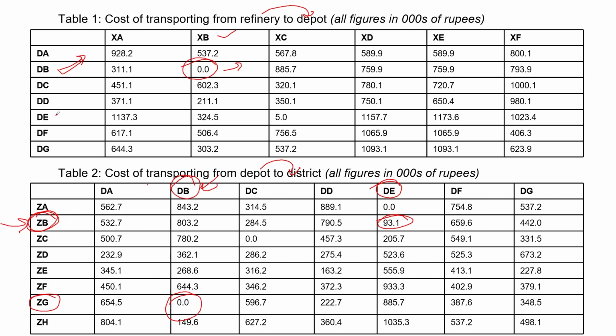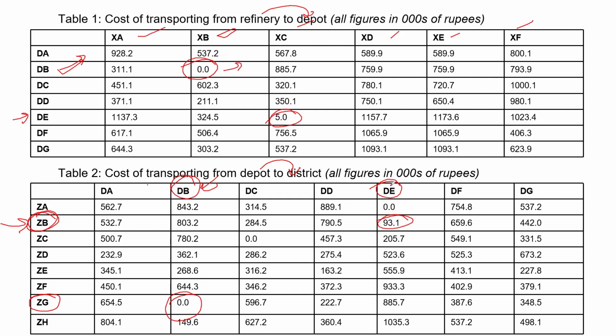Now let's move to depot E. Now in the row of depot E, you can see that the petrol can come from any refinery, either A, B, C, D, E or F. Let's check for the minimum price over here. So in this row, you can see the minimum price is 5,000 rupees. So from XC to DE, the price is minimum, that is 5,000 rupees.